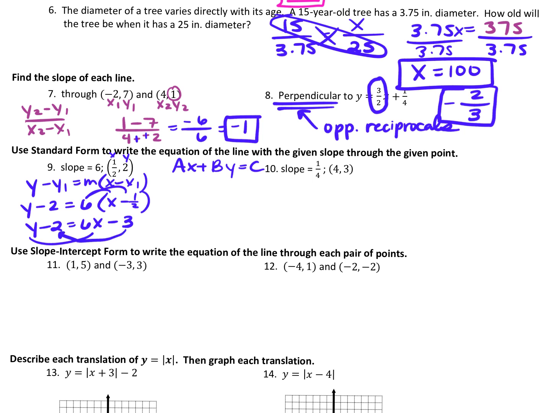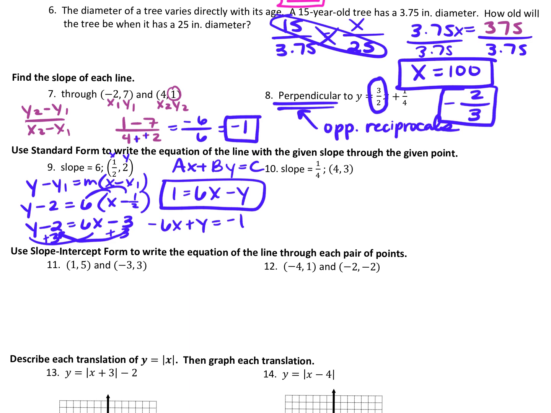So you would have 6x minus y, and then when you move the 3 over, plus 3, you'd get a positive 1. Now, if you ended up going the other way, a negative 6x plus y equals negative 1, it's technically the same equation, but less negatives is typically the preferred route. So I would do it this way.